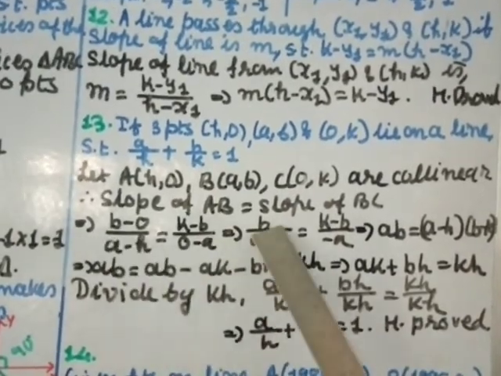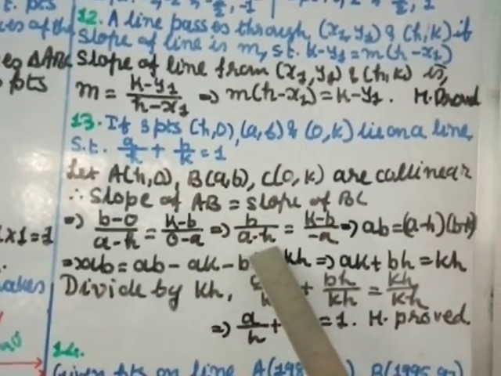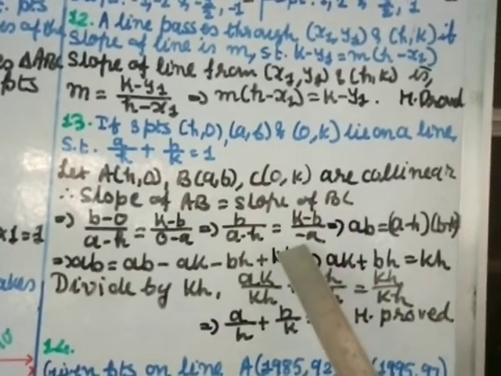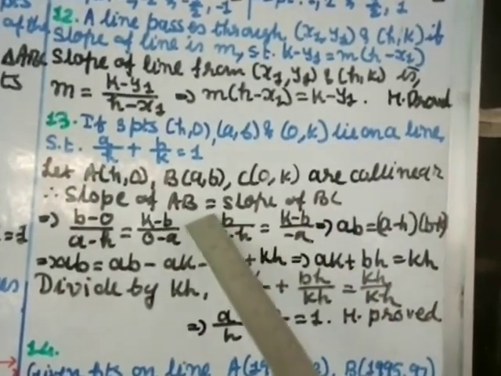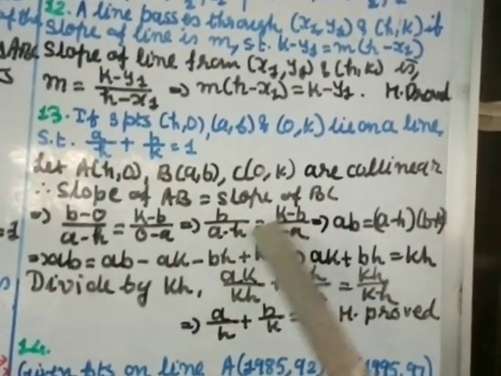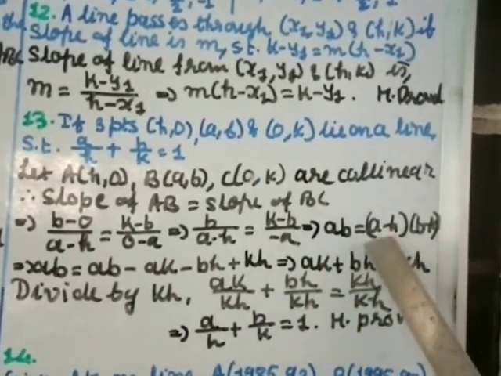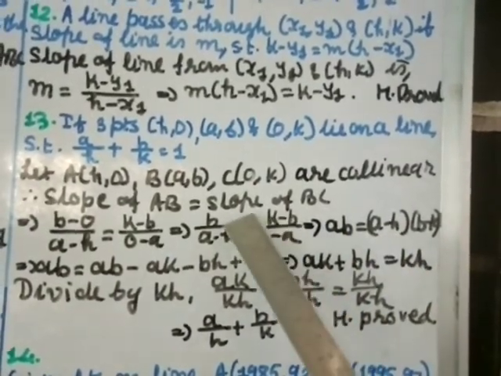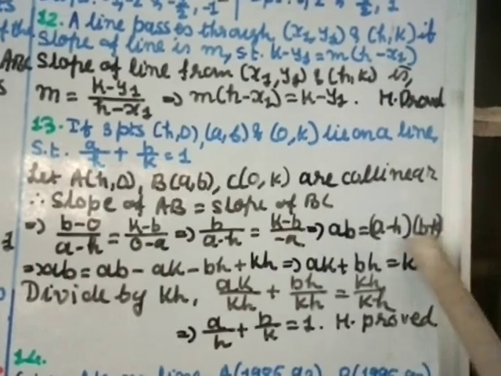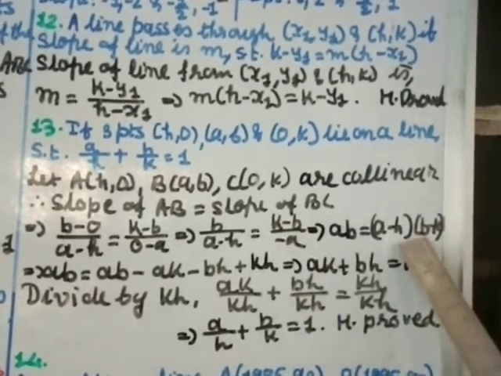So here remains b by (a minus h) equal to here (k minus b) divided by minus a. This a you transfer over here, so ab equal to (a minus h) transfer over here, so (a minus h), and this minus you multiply here, so minus k, and b will become minus minus plus, so (b minus k).